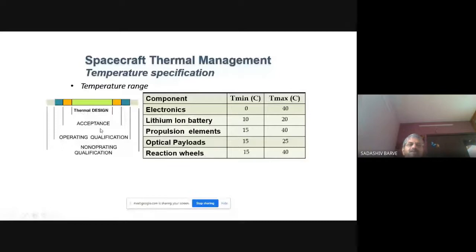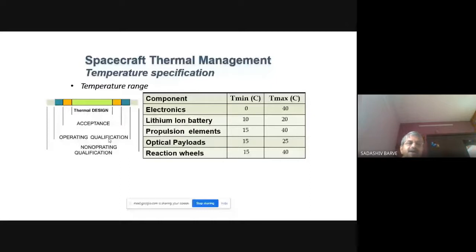Then we have acceptance, because when we design something, we need to give a certain temperature range on either side for the testing of the satellite, so that if there is some uncertainty in the evaluation or in any other measurement of the power, the situation or the configuration, it should still be able to sustain those temperature ranges. So from thermal design to acceptance, a minimum of 10 degrees on either side is provided as additional range for acceptance testing of the packages, and that takes into consideration uncertainty in the measurement, uncertainty in the estimation of the temperature based on mathematical modeling or actual measurement, or any other environmental uncertainty.